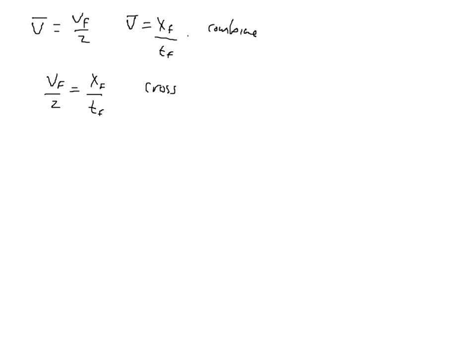So we get t final equals 2 x final over v final. And before we go on, let's do a quick unit check. Check the dimensions here.